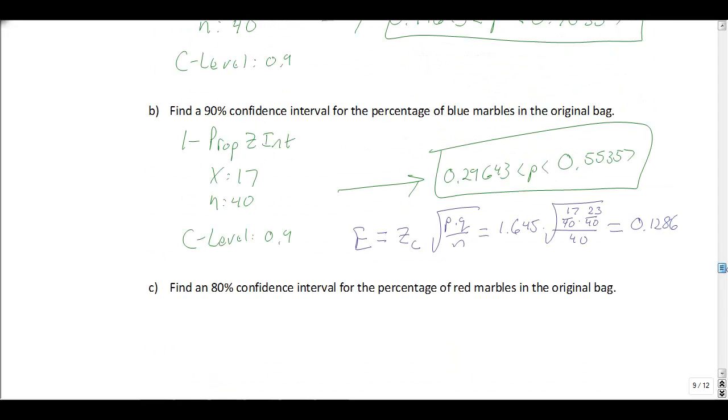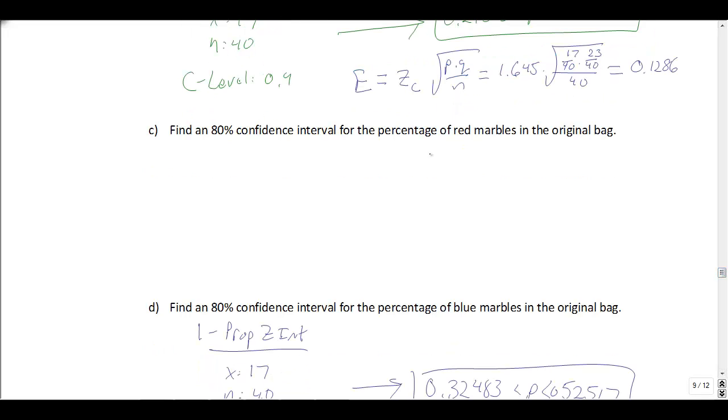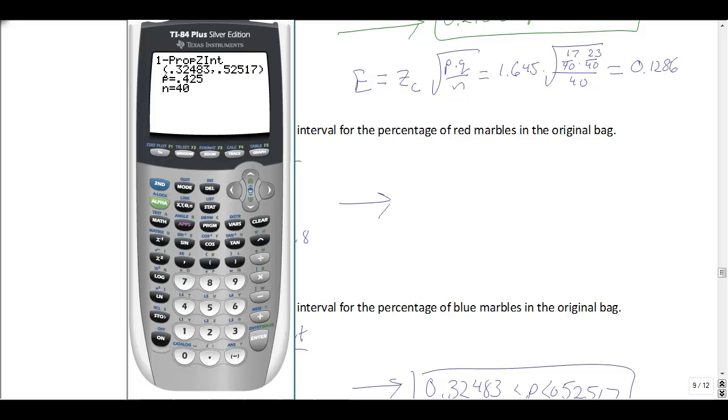The other one, so this is then going to be the 80% confidence interval for the red. This is a 1 prop z interval. X is 23, n is 40, C level is 0.8. So I'm going to do stat test.